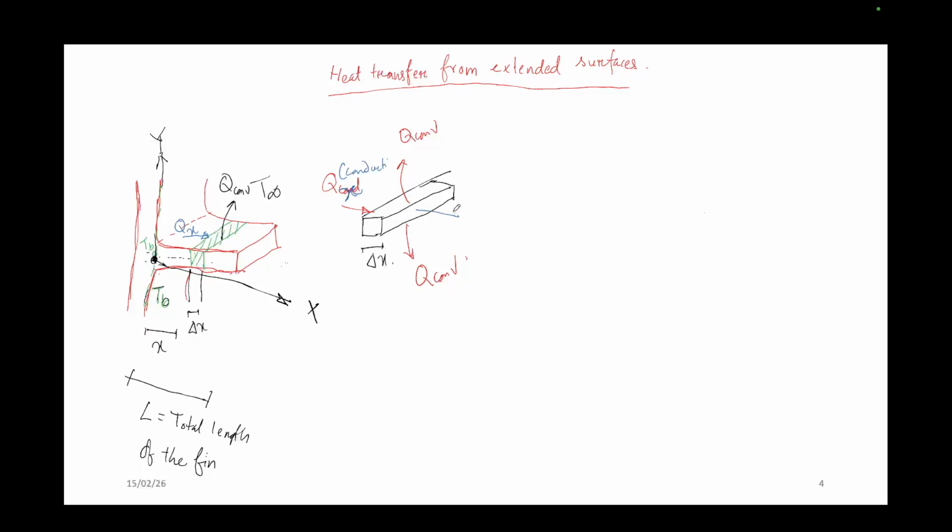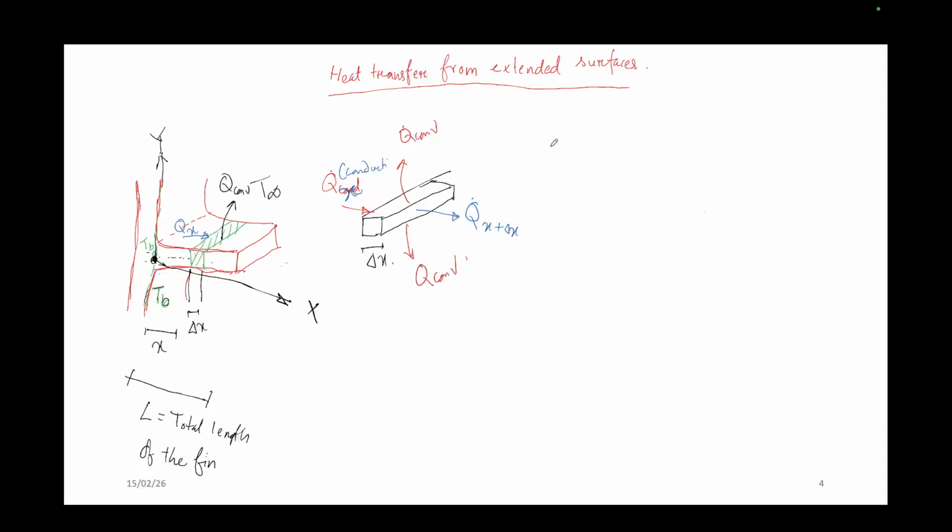Similarly, in this direction there will also be conduction, so I represent this as Qx plus del x. That means the heat is conducting through the small region x, and if this x increases, this heat conduction will also increase.